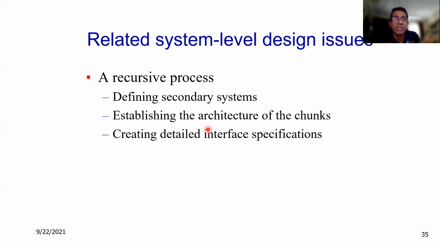Then, when we establish the architecture of the chunk, some of the chunks are complex. A product may be a very complex system in its own category. For example, many chunks in the Hewlett Packard printers just now involve dozens of parts.